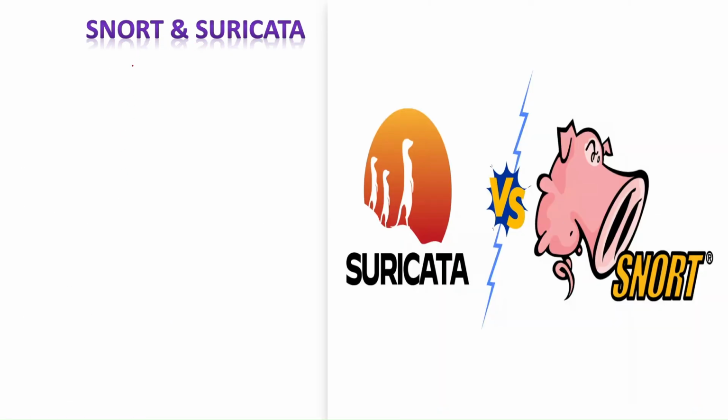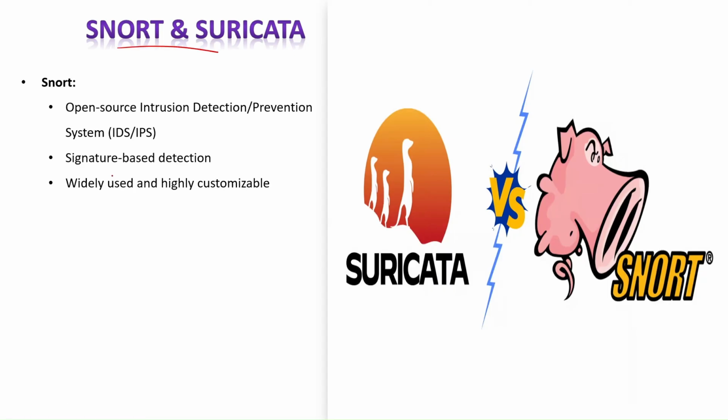Then we have two other tools, Snort and Suricata. Snort is an open source intrusion detection and prevention system. It has signature-based detection, and it is widely used and highly customizable.